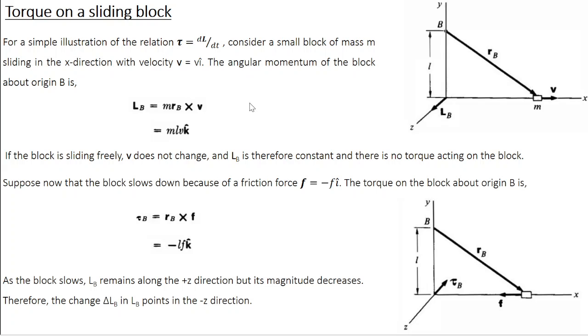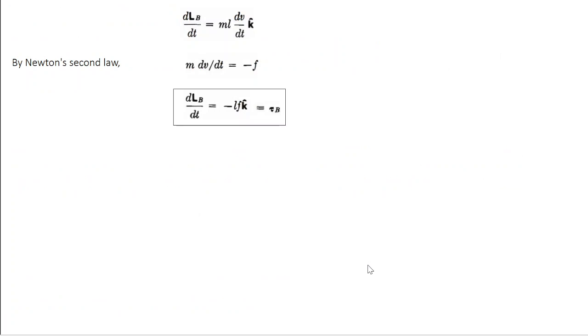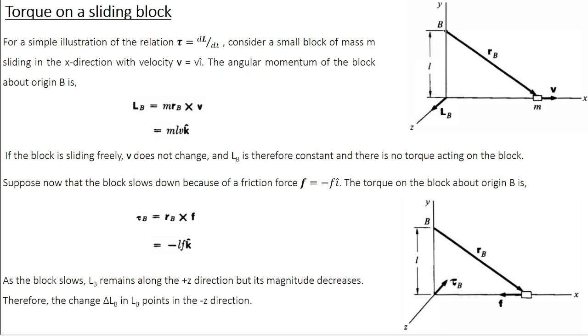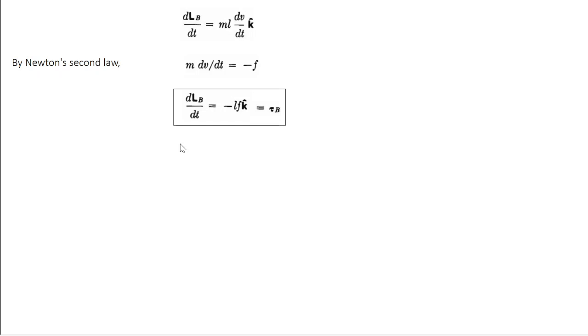Now let's check whether tau equal to dL by dt in this case. Since we know the expression for L_B now, I can calculate dL by dt. This is m l dv by dt k cap. Now from Newton's second law I know that m into dv by dt is nothing but m into a. So m a is the force acting on the system.